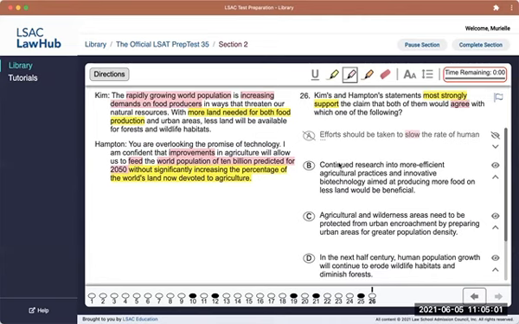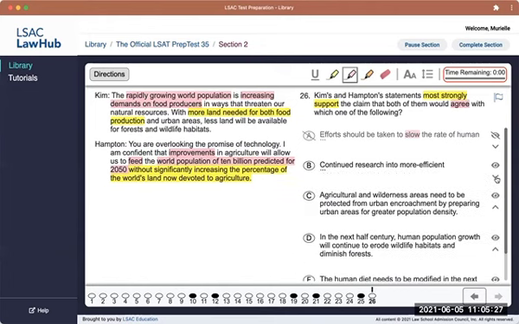Kim seems to think that there's a threat, and so it would be beneficial to try to avoid that threat. Hampton is more optimistic about it, and thinks that this research is going to help, and so we don't really have to be worried. But yeah, I think B, probably they would both agree with that. So I'm going to leave B.